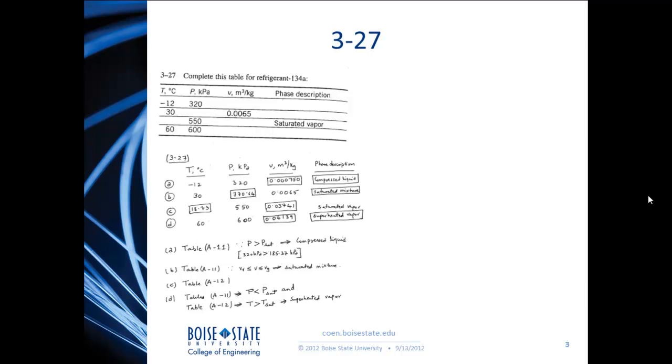Or another way to look at the same is go to table A-12, look at the pressure and find out the corresponding Tsat, and you see that the Tsat at this pressure is less than the temperature given. So that would also mean that we are in the superheated vapor zone.